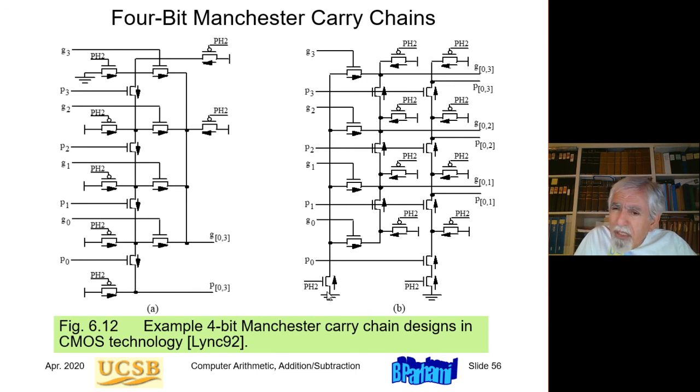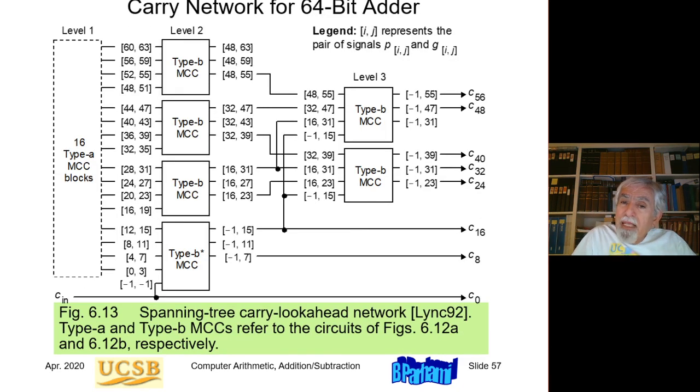Okay, so suppose I have these type A and type B Manchester carry chains as my building blocks. Then I can use them in this circuit to compute, so this is a Carry-Lookahead circuit, to compute C8, C16, C24, C32, and so on in the following way.